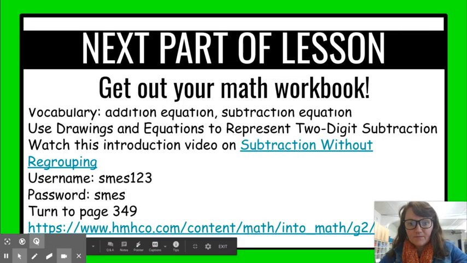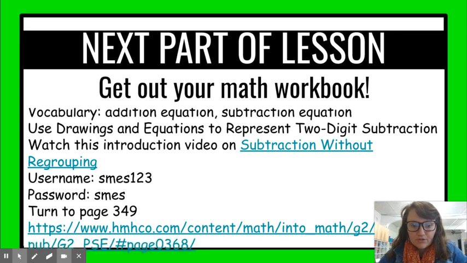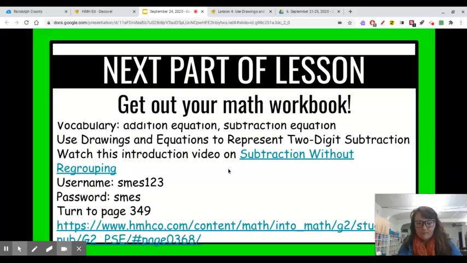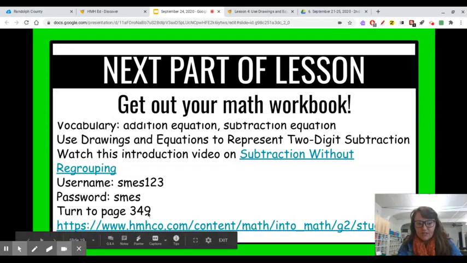Next step. So now you're going to get out your math workbook. Okay? So we're going to talk about our vocabulary, which is an addition equation and then a subtraction equation. So our topic today, remember, is we're going to use drawings and equations to represent two-digit subtraction. Okay. So what we're going to do next is we're going to turn to page 349.